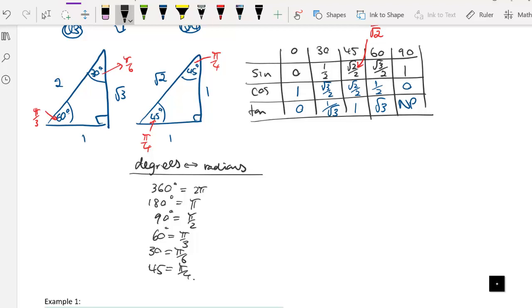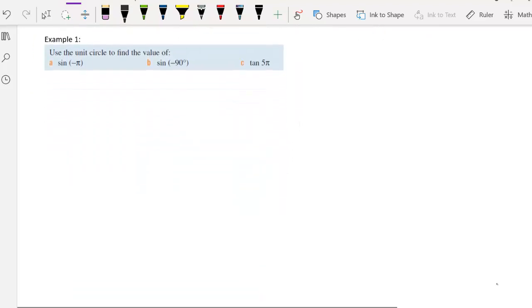Okay, so now that should be everything that we need. So if we jump back to example 1, it's asking us to use a unit circle to find the value of, and the reason it's saying use a unit circle is because each of these things are on an axis. It just comes down to understanding whether it's x or y or y on x for each of these.